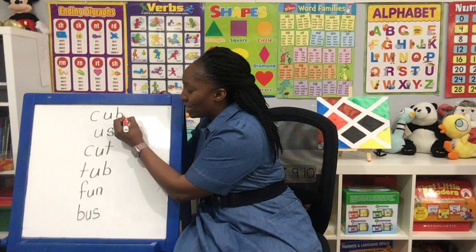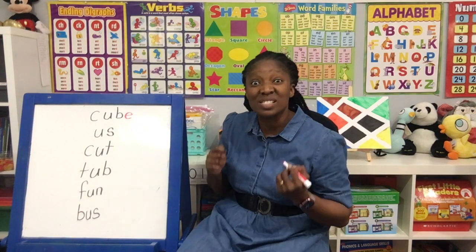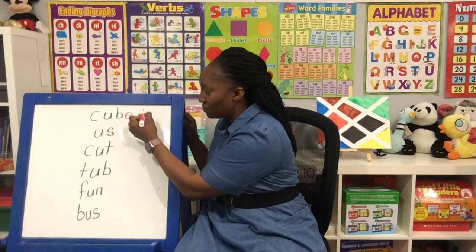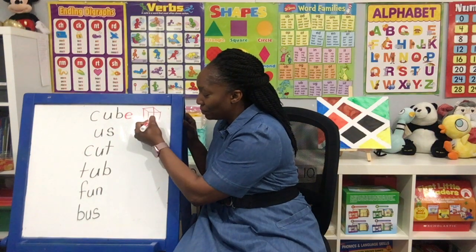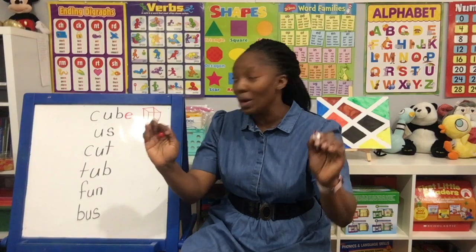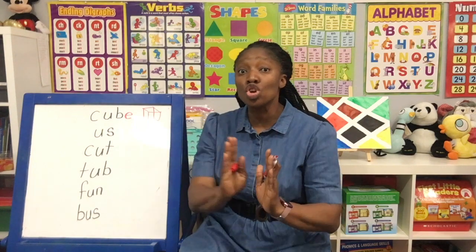So I'm going to add that E right here. And all of a sudden, that word becomes cube. We went from cub to cube.